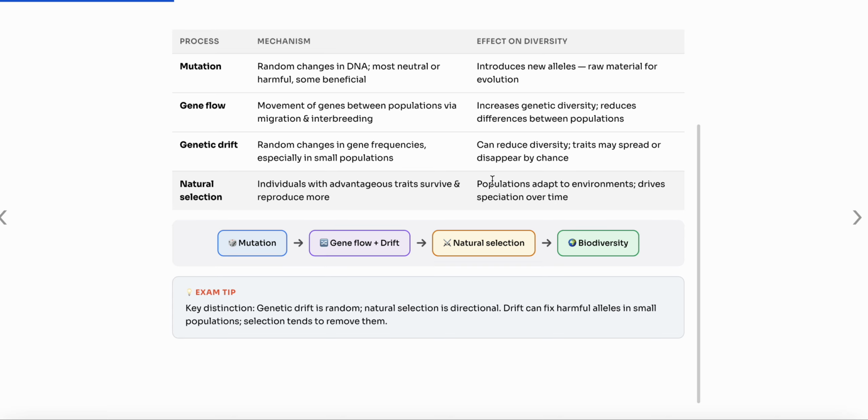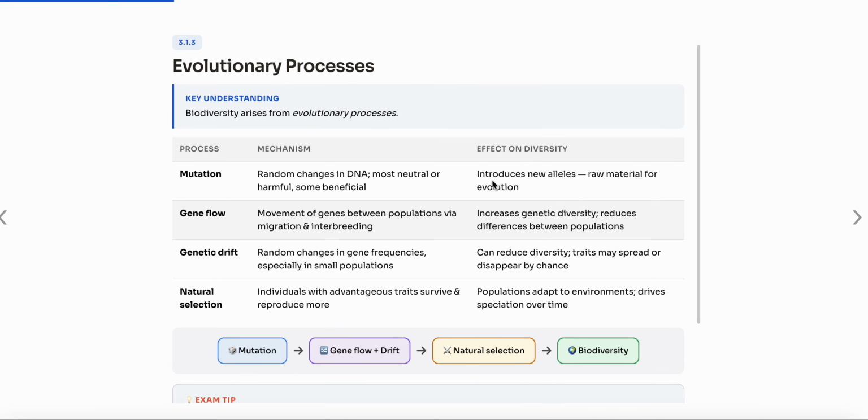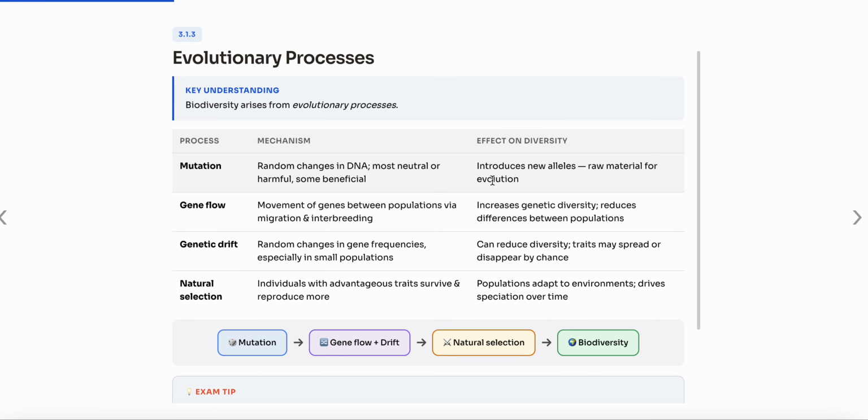Another thing is natural selection, a very well known concept in evolution, where the individual which has an advantageous trait will survive and reproduce more, and the ones which are less adapted to the environment will die. We will also understand this process in detail when we study speciation, how the formation of new species occurs. So these are the different processes by which biodiversity arises.